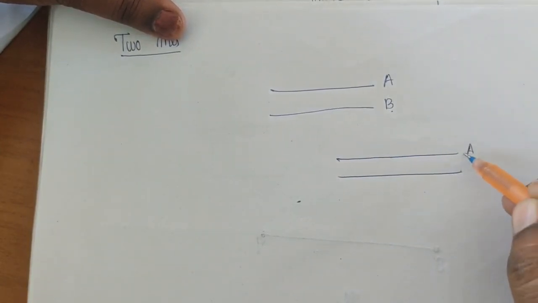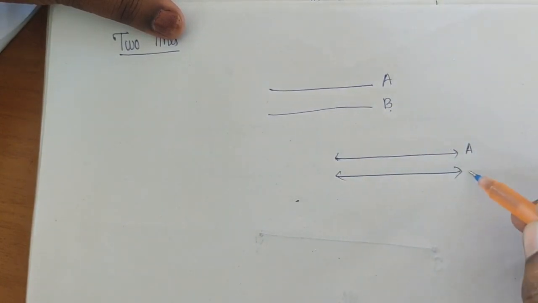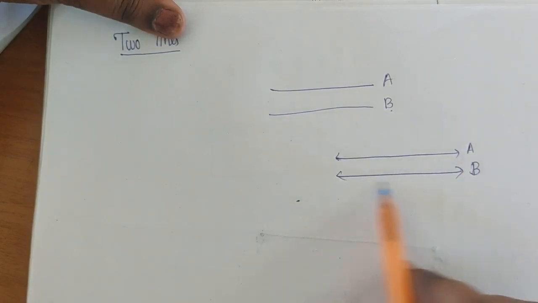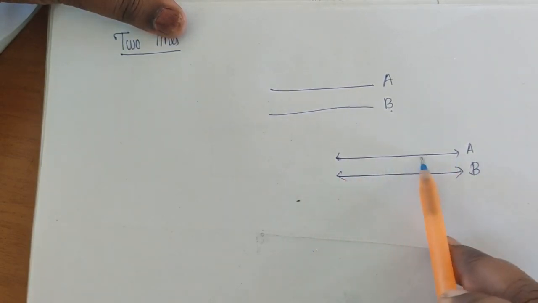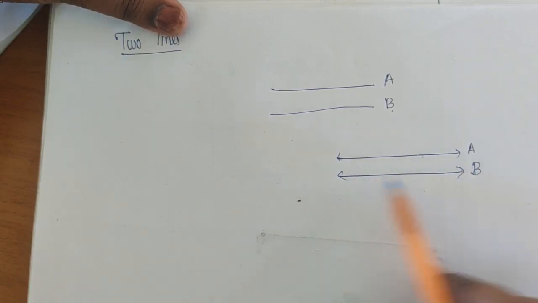So this line is A and this line is B. So this is called parallel lines. Okay students, this is a parallel line.